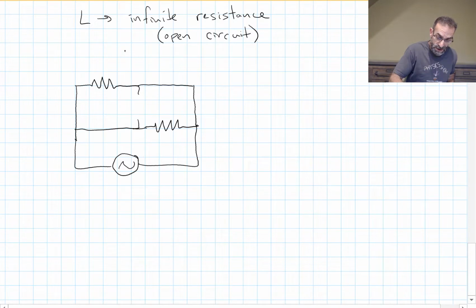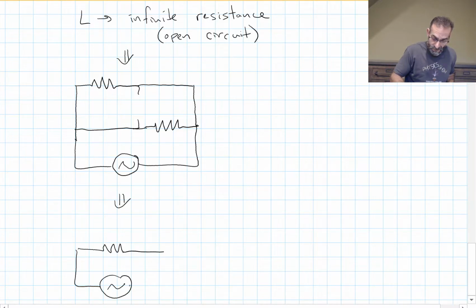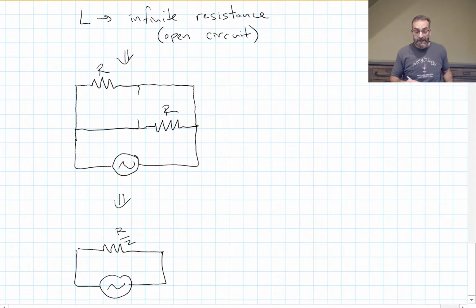I could draw it one more time. Two resistors in parallel. If this has a resistance R and this has a resistance R, then this would be R over 2. So the circuit looks like it has a resistance of R over 2 in this high frequency limit as the frequency goes to infinity.